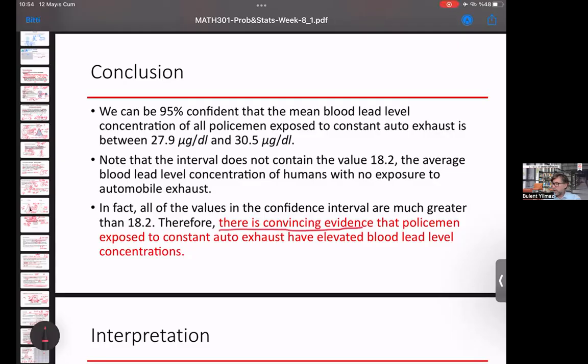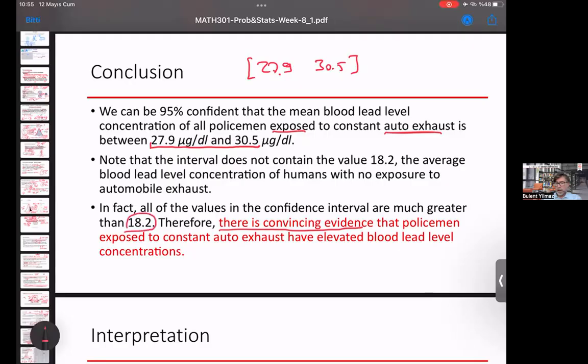Yes, we have. The statistical study that I have done tells me that the mean blood lead concentration of all policemen exposed to constant auto exhaust is between these two values, 27.9 and 30.5, and in normal people it is 18.2.